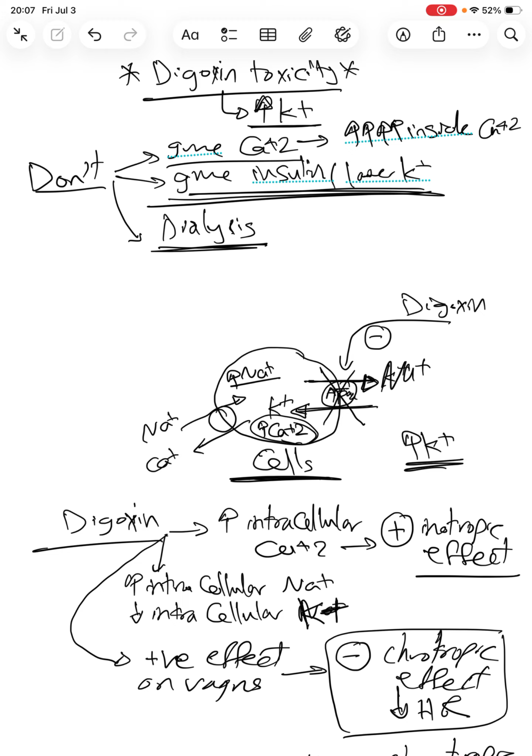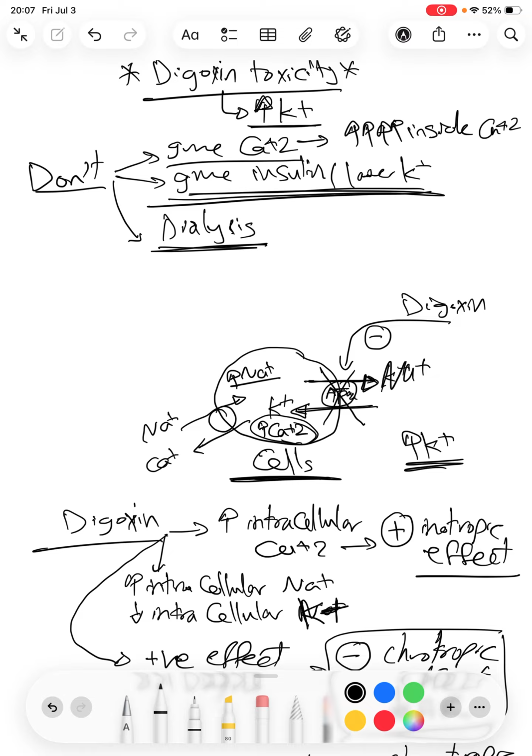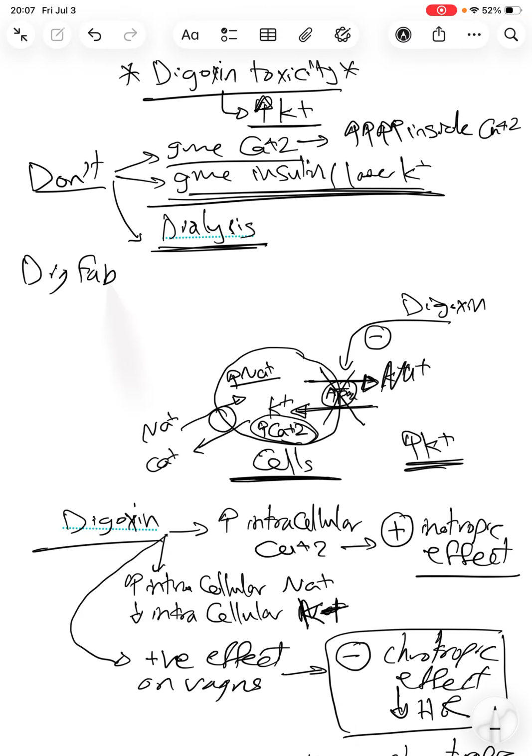We don't give insulin or any medications that lower potassium, for many reasons. One of the reasons is that when you give Dig Fab, which is the treatment for digoxin toxicity, the Dig Fab will lower potassium so fast.